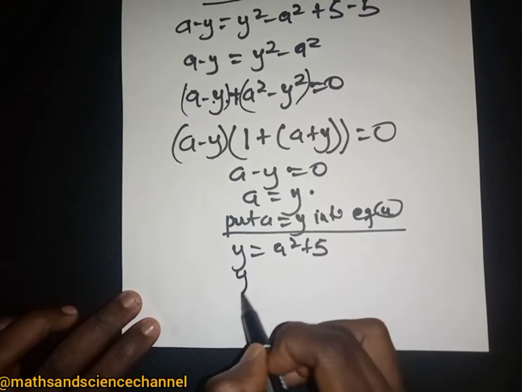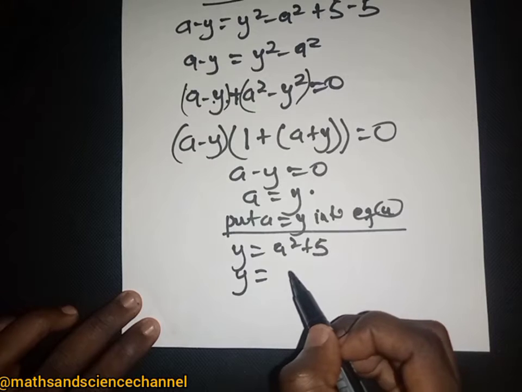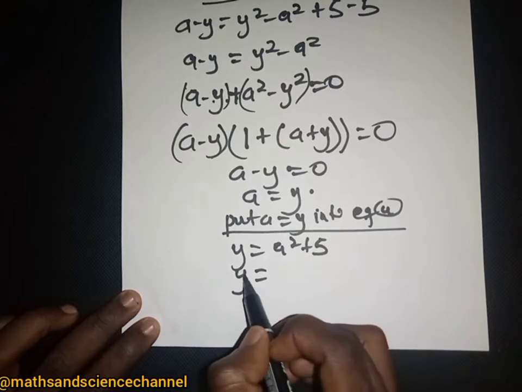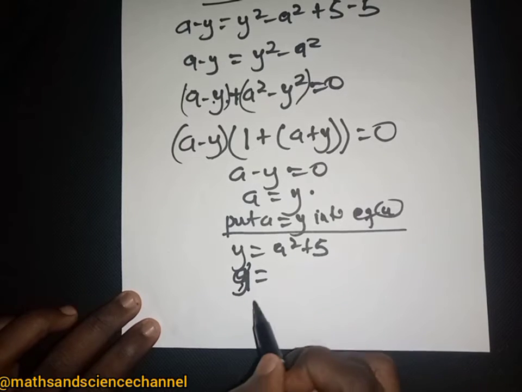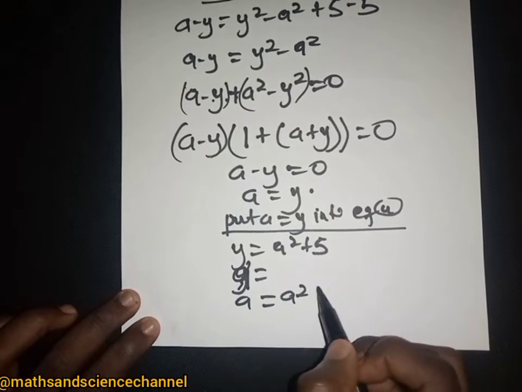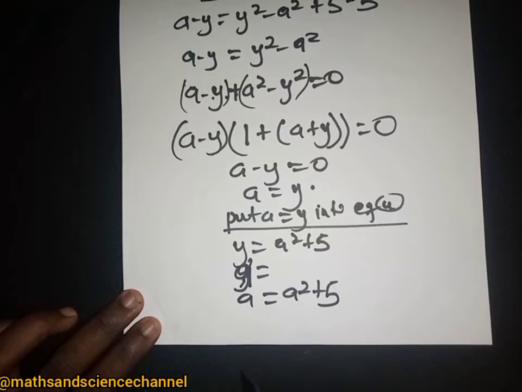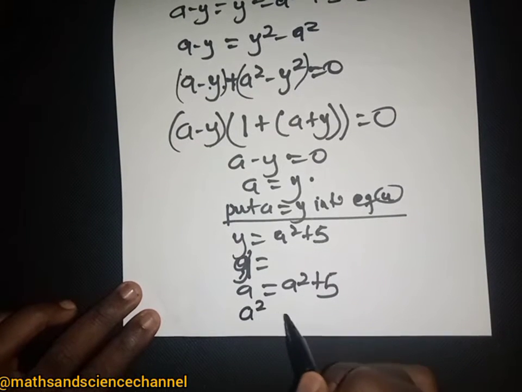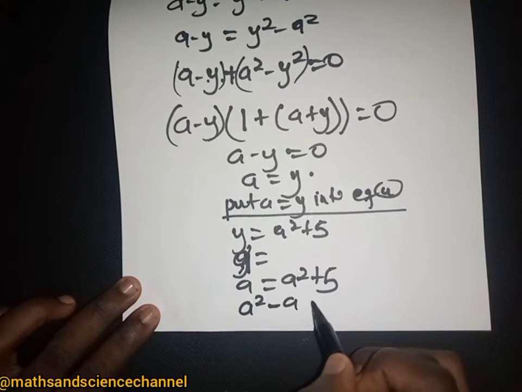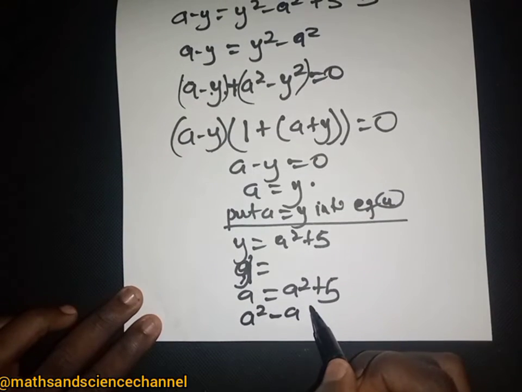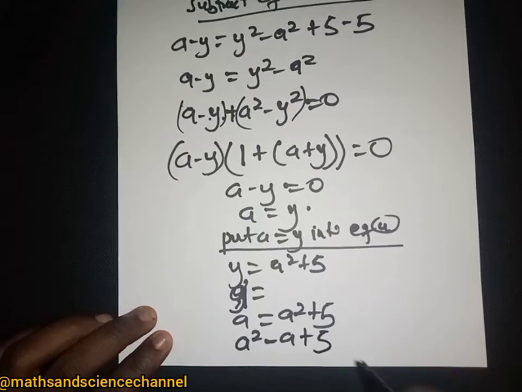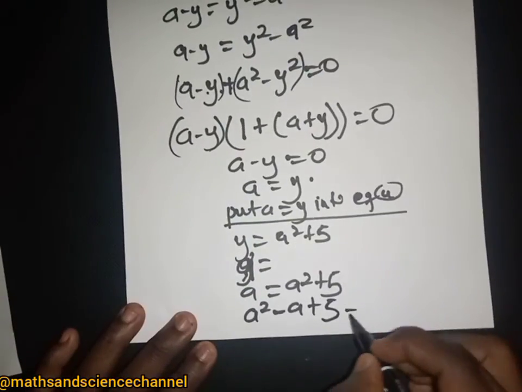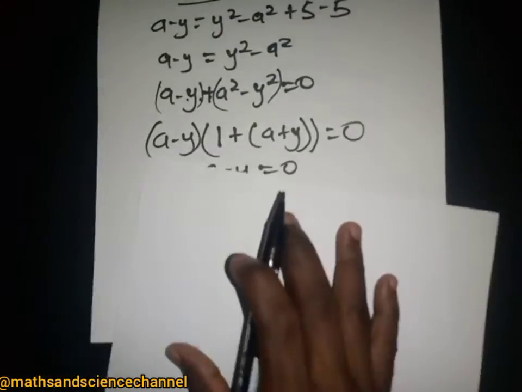Since y is just a, we have a equal to a squared plus 5. Let's write this as a squared minus a plus 5, so let's solve this being equal to 0.